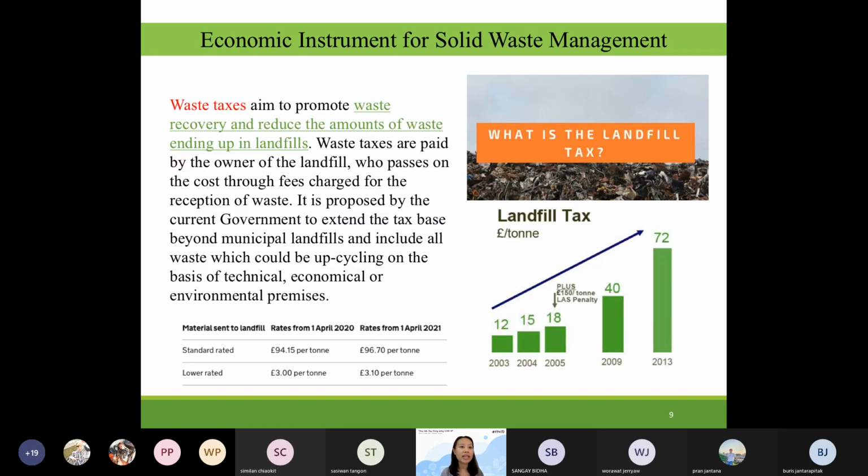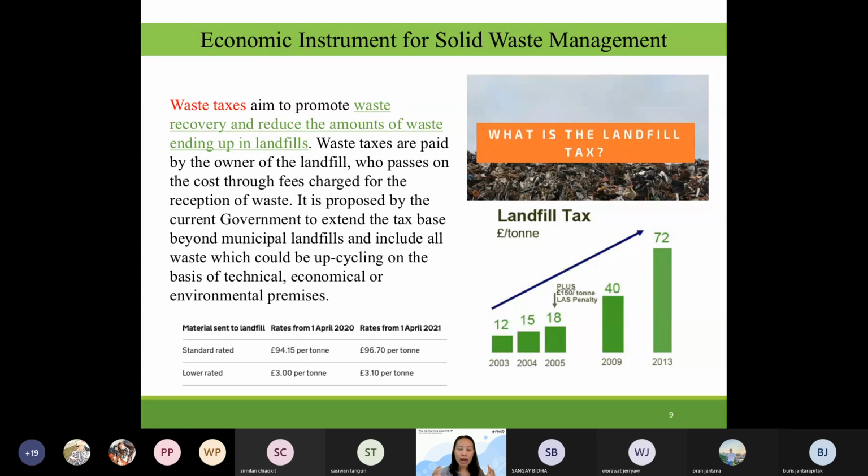This shows the waste tax, which is applied to waste management in terms of landfill. We call it the landfill tax, right? Normally, landfill tax or waste tax aims to promote waste recovery and reduce the amount of waste ending up in landfill. That means maybe you produce 100 kilograms of solid waste.